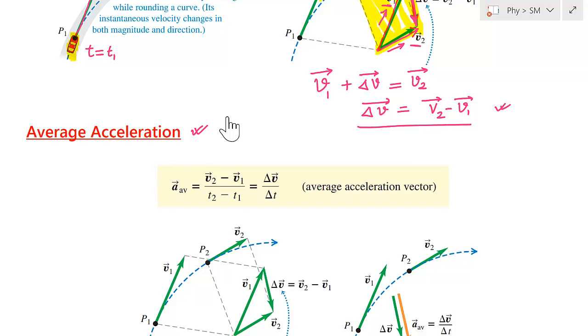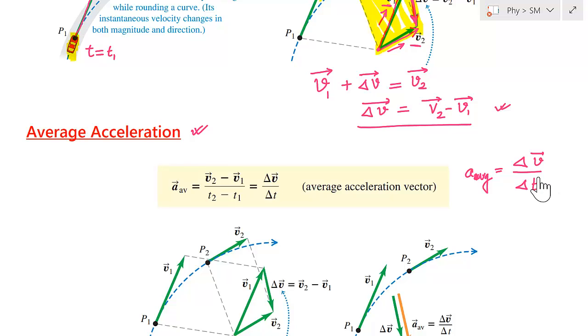Average acceleration is defined as the change in velocity vector divided by the time interval delta t.